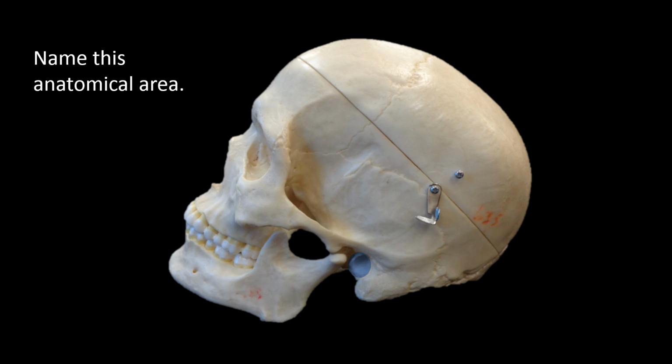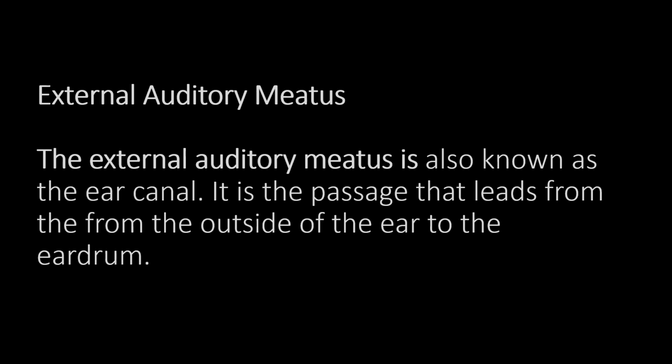Name this anatomical area. External auditory meatus. The external auditory meatus is also known as the ear canal. It is the passage that leads from the outside of the ear to the eardrum.